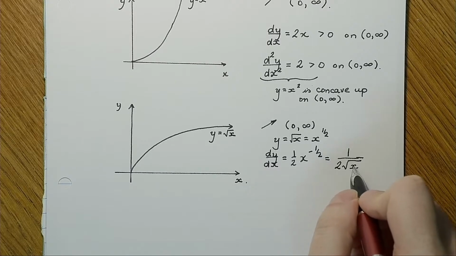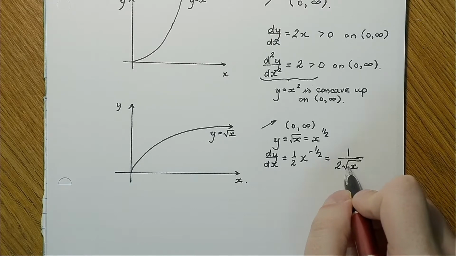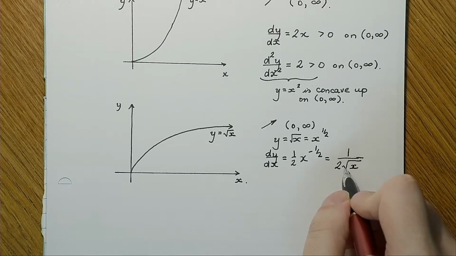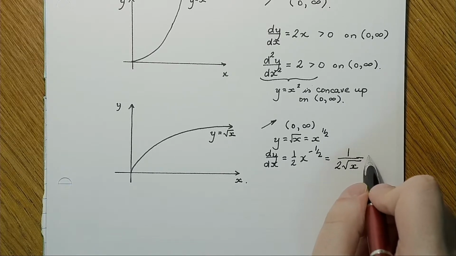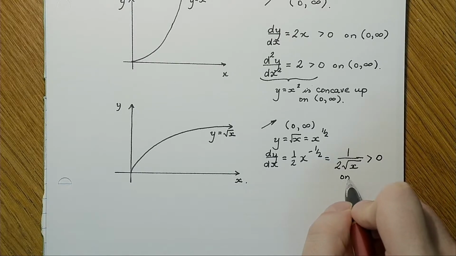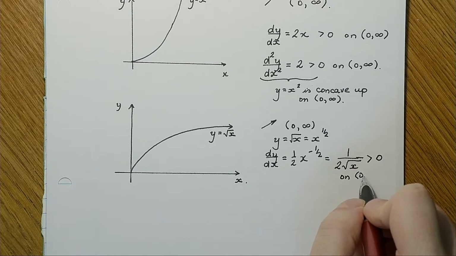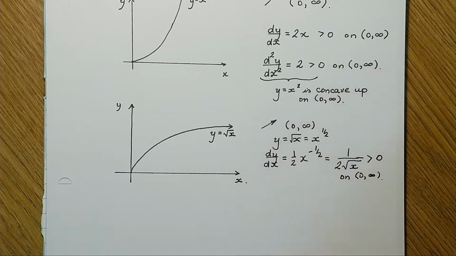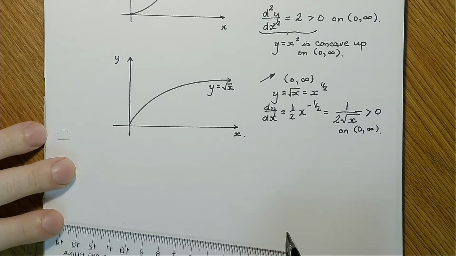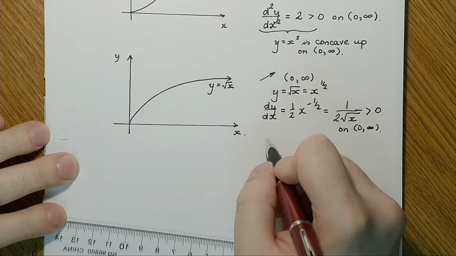The domain of this has to be positive, and the range of this is positive. I have 1 over 2 times a positive number, so that's just going to be greater than 0 on 0 to infinity. So what we've shown there is, yes, it is increasing on that interval. But what about the concavity?